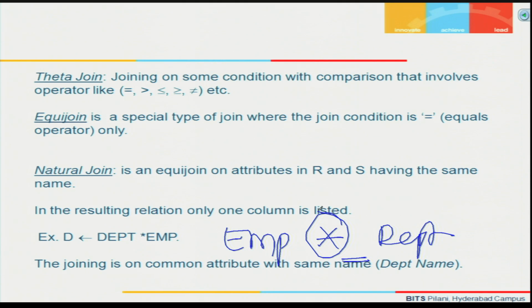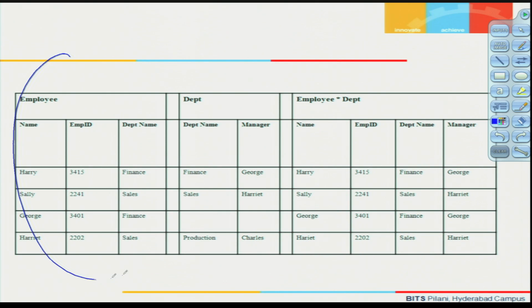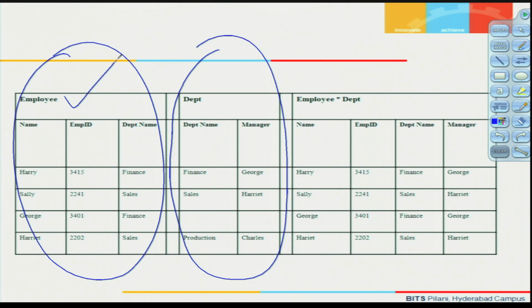The joining is on the common attribute with the same name. For example, let us have a look at this. This is one relation, this is another relation, this is employee relation, and this is department relation, with name, employee ID, DEPT name, and here the DEPT name and then manager.